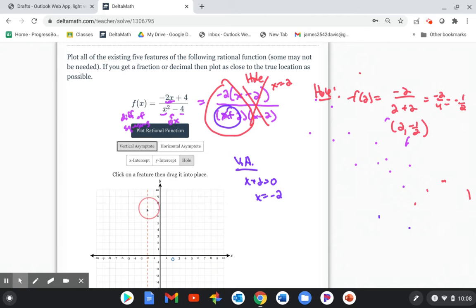Drag it over. Boom. Let's try horizontal asymptotes. So for that one, remember we're looking at the powers. We had a first power on the top and a second power on the bottom. If it's bigger on the bottom, that means it's always at y equals 0. So let's go ahead and plot that.